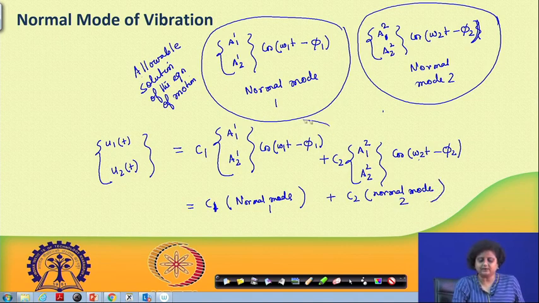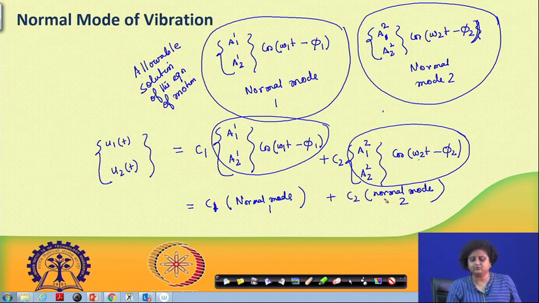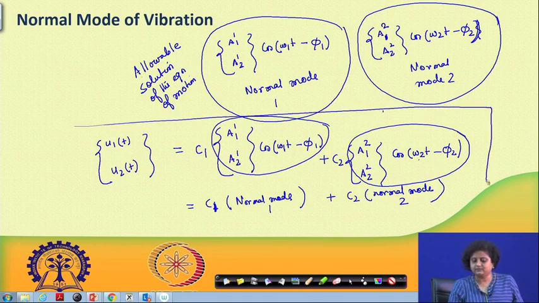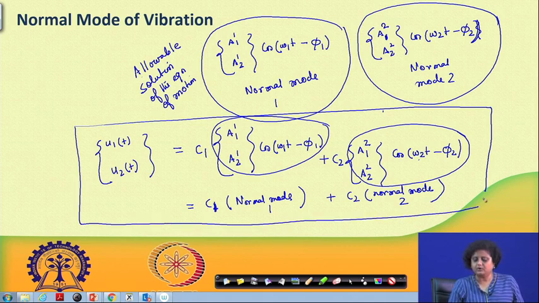So, I say that the response is C1 into normal mode 1 plus C2 into the response in normal mode 2. This is nothing but a linear combination of normal mode 1 and normal mode 2. This expression is very important, and this is also called the mode superposition theorem, which we will talk about in much more detail later.